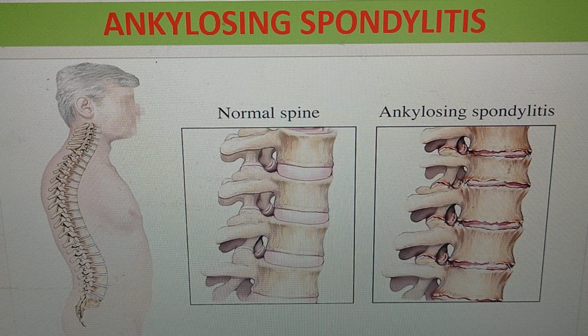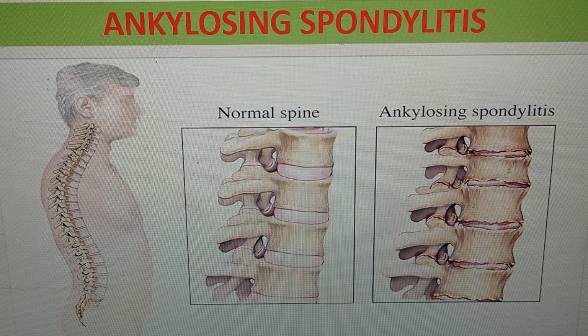Okay, so take a look at this guy. This is a picture of the condition ankylosing spondylitis. So you see on the left side, there's the normal spine. So the vertebrae and the disc is thick and it's healthy. And take a look at the picture on the right side. It is the ankylosing spondylitis condition picture.